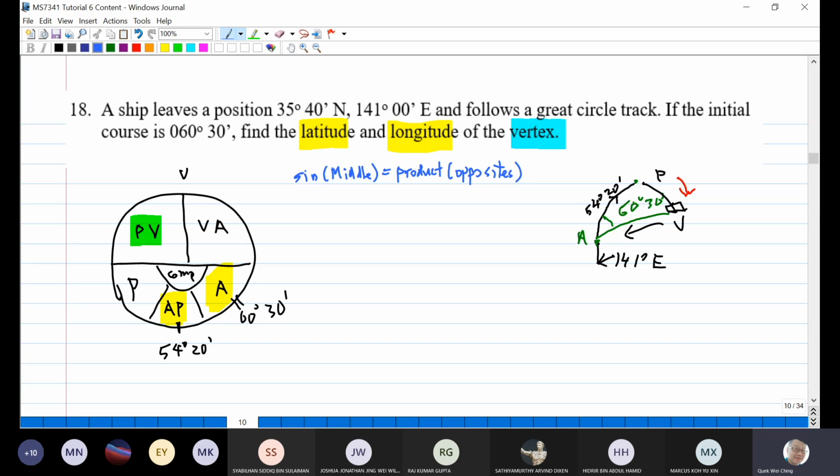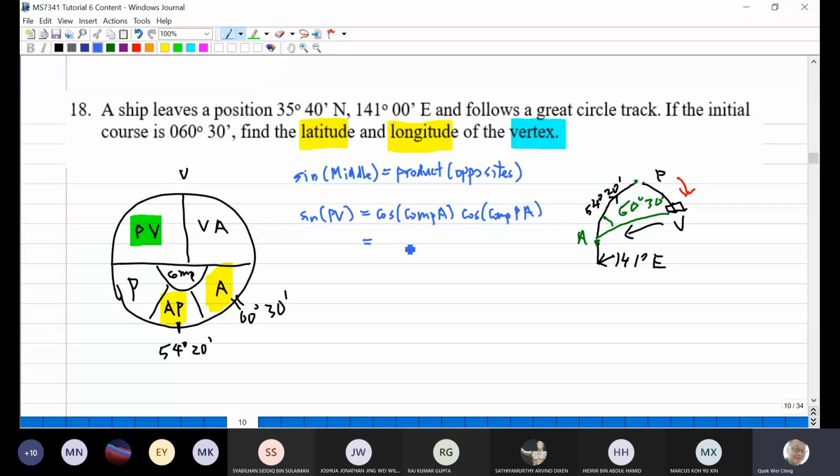So the opposite is A and AP, both are inside lower view. So you have to use com now. So this is actually sine of PV is called cosine of com A and cosine of com PA or AP, same.